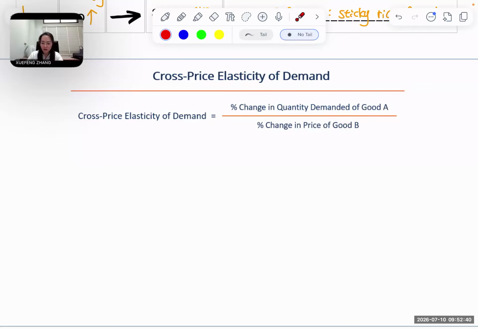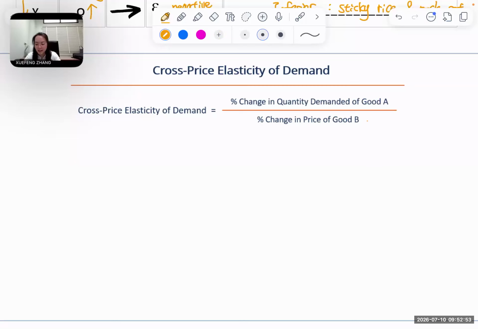The formula: percentage change in quantity demanded of A divided by percentage change in price of good B. Or we can say, if the price of good B changes, how much does demand for good A react? Again, the sign tells the story.